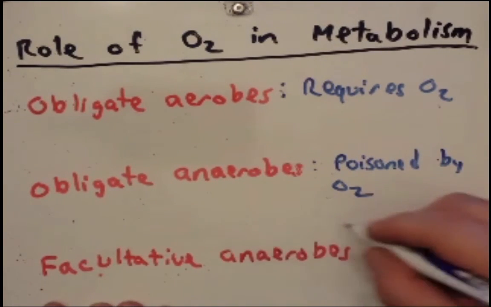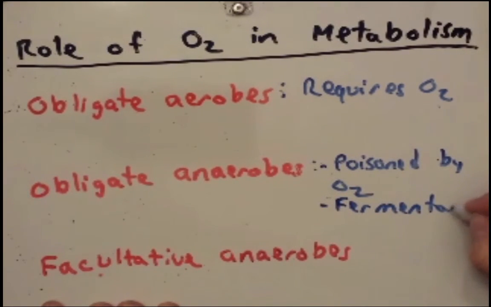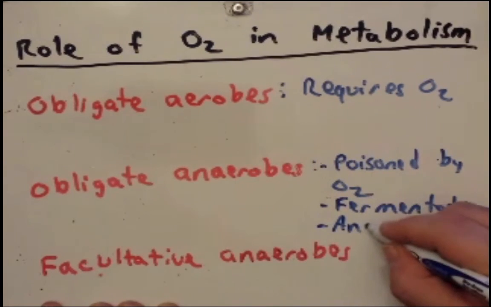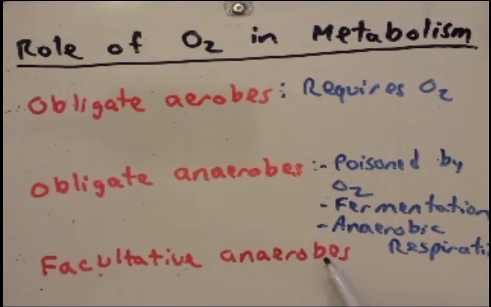And so obligate anaerobes either survive by fermentation, a metabolic pathway that doesn't require oxygen, or they can use something called anaerobic respiration. Typically, when we think about respiration, we think about the form of respiration that requires oxygen. However, some organisms undergo respiration in an environment without oxygen. And that's all you need to know about that for now.